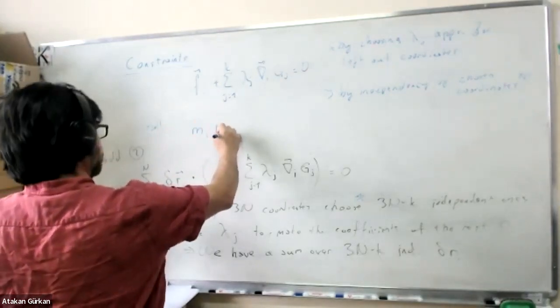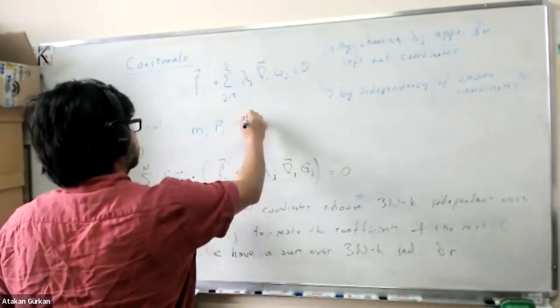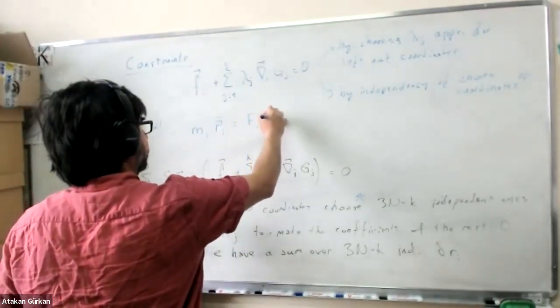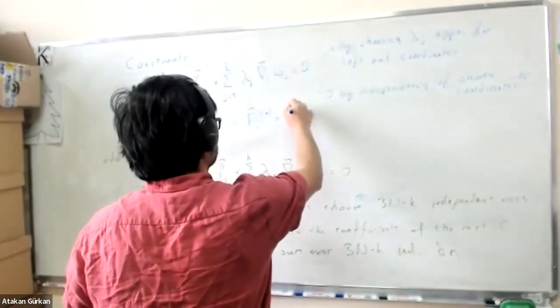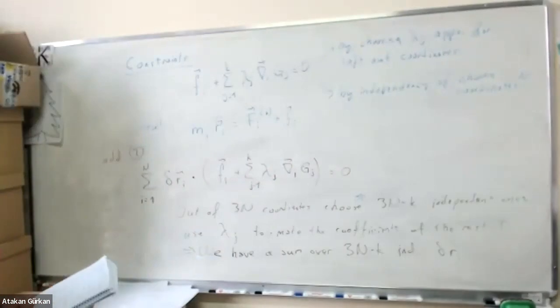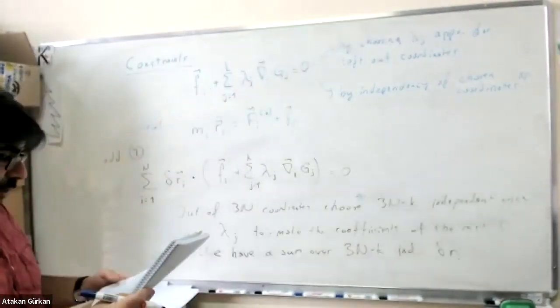what is it? So r_i double dot, the acceleration, was the applied force plus the constraint force. This was the notation we used before, if I'm not mistaken. And this is the reason why I don't want to use small f here, it's just going to be too much.